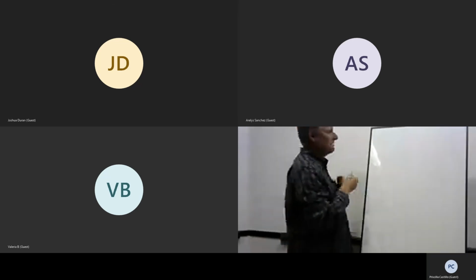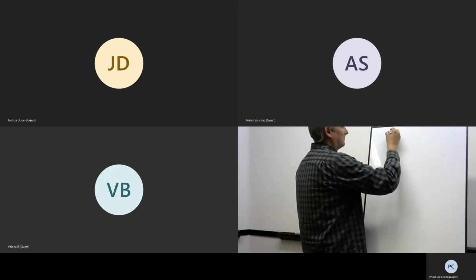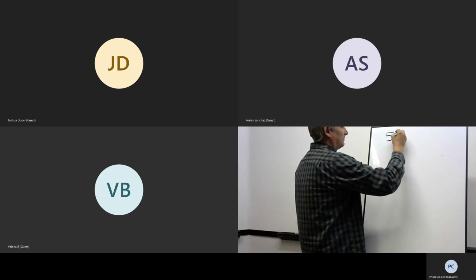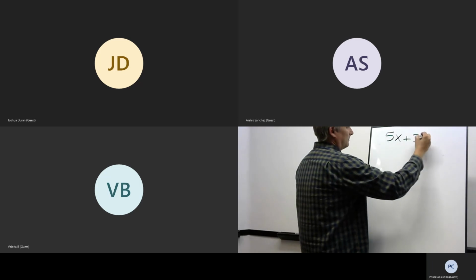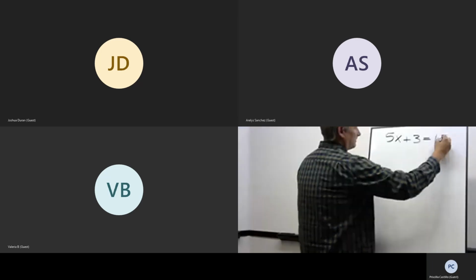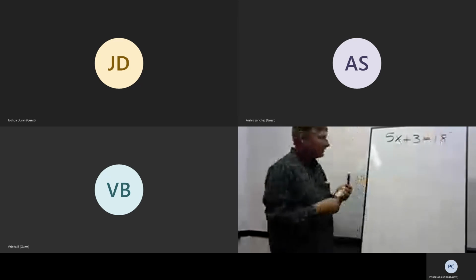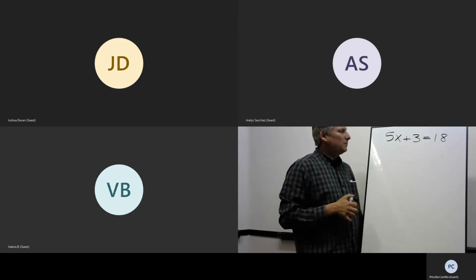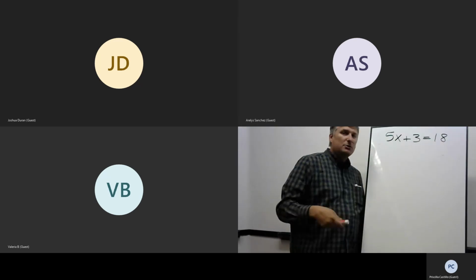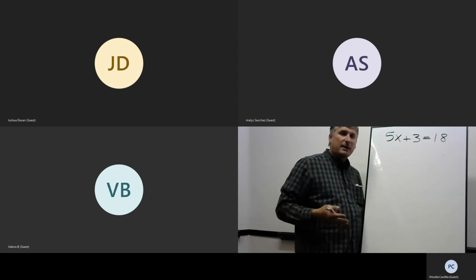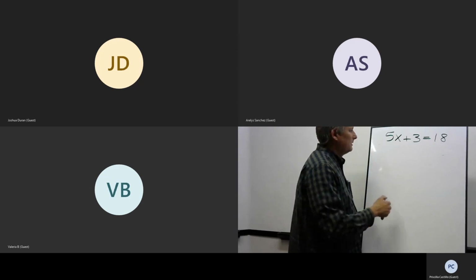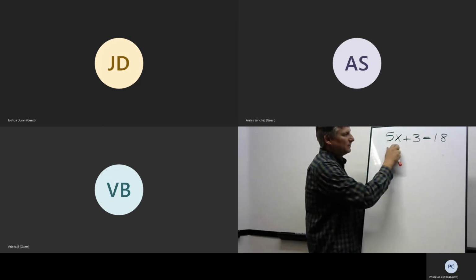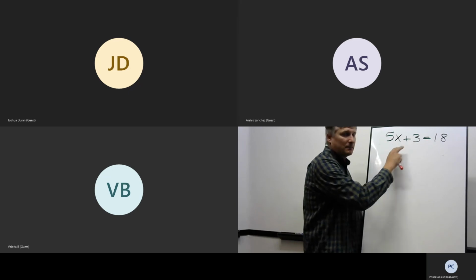So first off, let's say we have this. What we want to do is we want to undo PEMDAS. So if we think about what PEMDAS is, we have 5 times x plus 3.